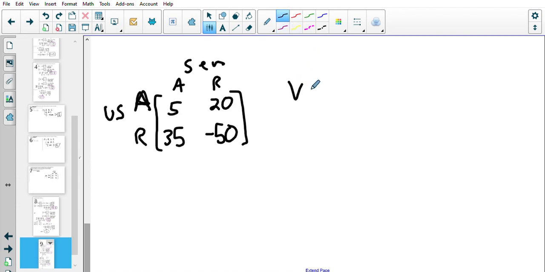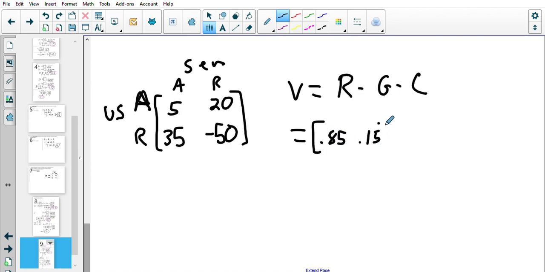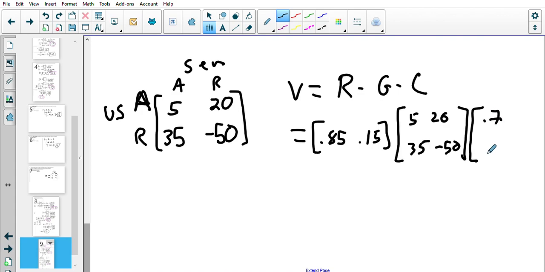The value of our game is going to be row times game times column. So that'll be our 0.85, 0.15 times this game matrix 5, 20, 35, negative 50 times our column matrix 0.7, 0.3.